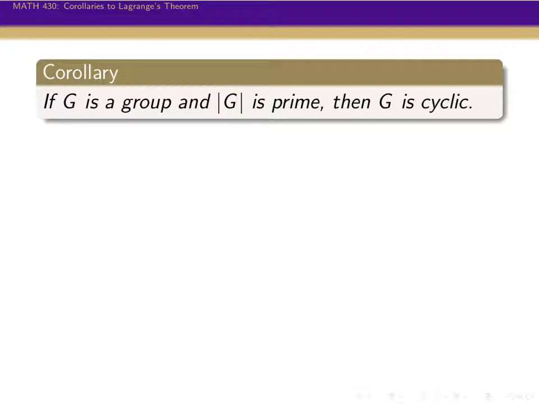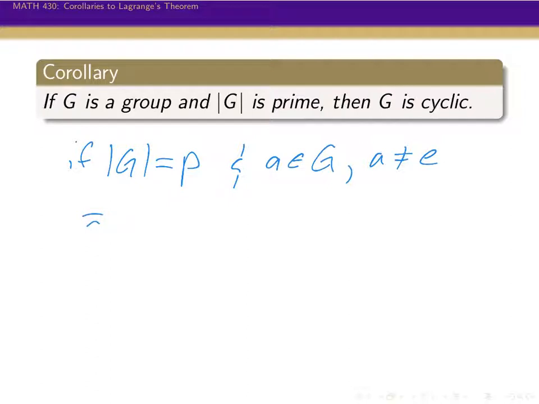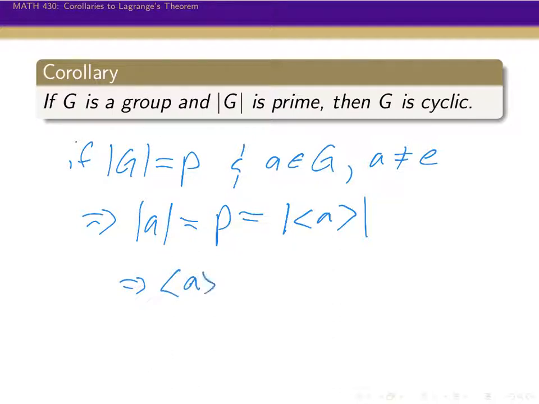And the idea here is that if the order of G is some prime P, and A is inside G, A is not equal to the identity, well then the order of A has to equal P, and that's the order of the cyclic group generated by A. And so the cyclic group generated by A has P elements, and so then the cyclic group generated by A has the same number of elements as G, so it must be all of G.